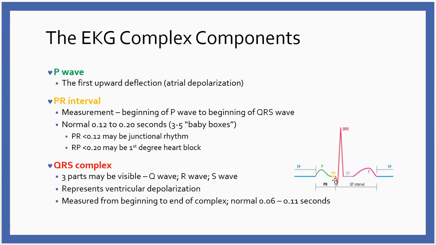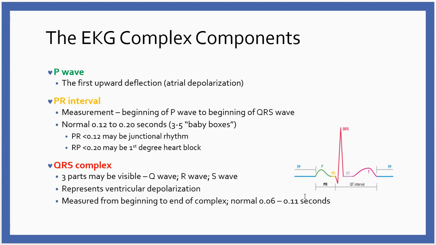And so you've got to find the point. Remember, this flat line is my isoelectric line. Nothing's going on electrically. You have to find the point where the QRS actually starts. And so it starts right here, and then you watch until it goes back to baseline. This is the end of the QRS right here. And so my measurement is actually going to be from here is where I'm going to start to here.